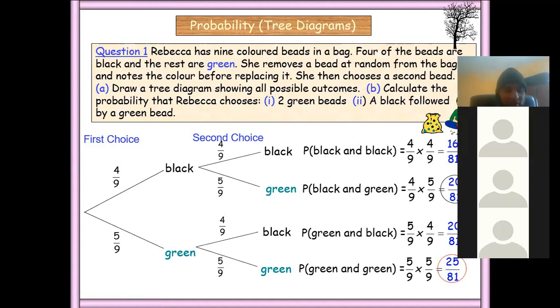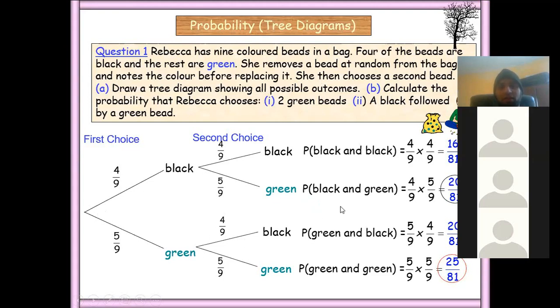How's your answers looking, Amar? Were they okay? Yeah. Okay, you corrected it? So if everyone else is okay with that, I'm going to move on. 2 green beads, you should be getting 25/81. A black followed by a green. Now, black followed by green, as you can see with my arrow, is going to be this one over here on this branch.